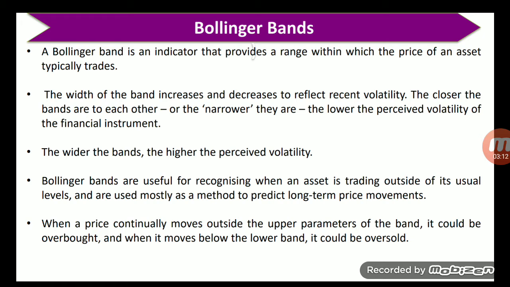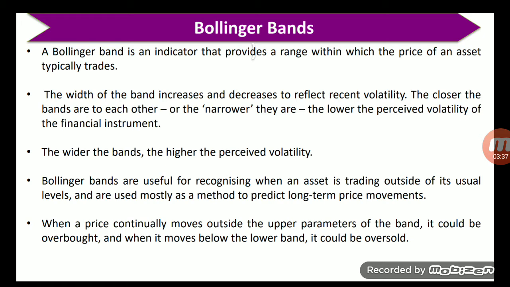A Bollinger Band is an indicator that provides a range within which the price of an asset typically trades. So it gives some kind of range, and within that range the price of that security or stock fluctuates. The width of the band increases and decreases to reflect recent volatility.